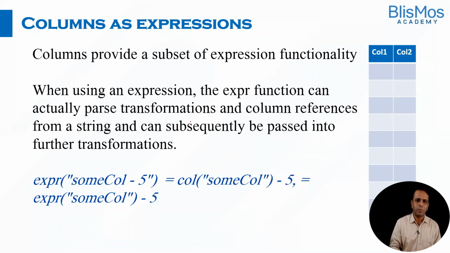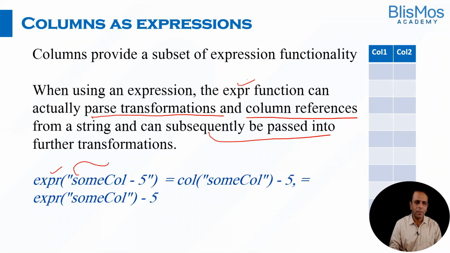When we are using an expression, the expr function, or expression function, can actually parse the transformations and column references from a string, and that will be subsequently passed on to the further transformations. For example, we are seeing an expression: some column - 5. What is it? It is nothing but a transformation, right? So what expression is trying to do here is parse this transformation and column references.